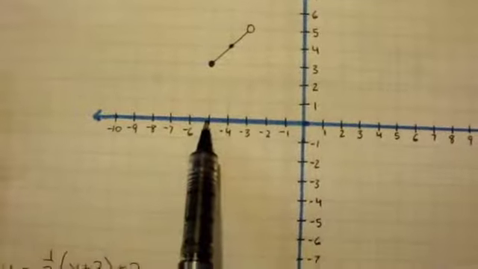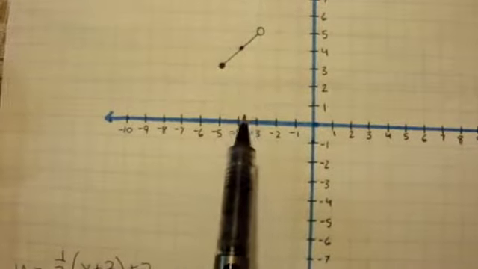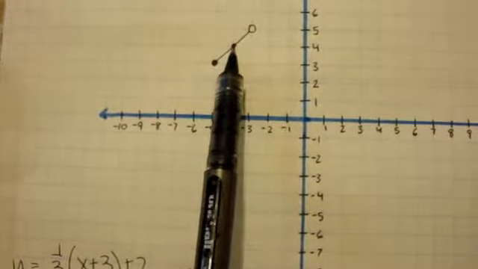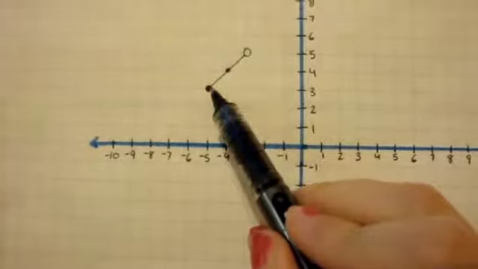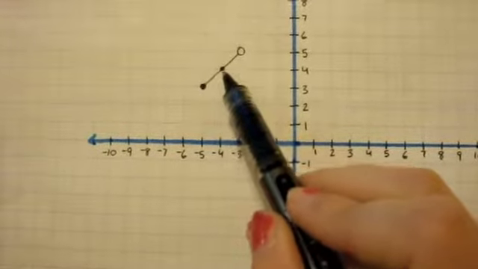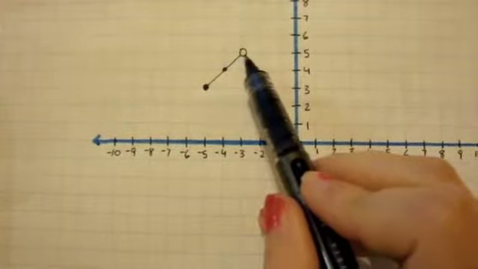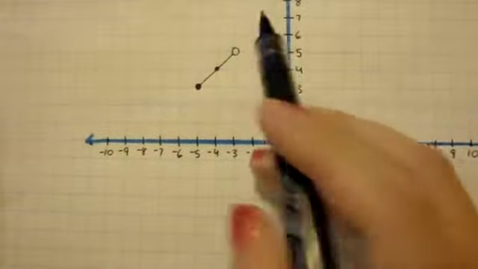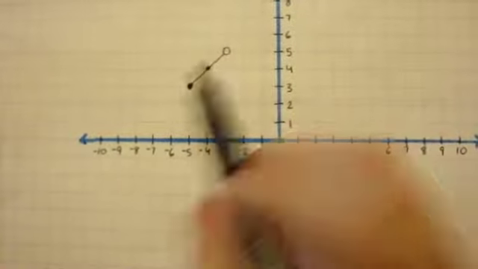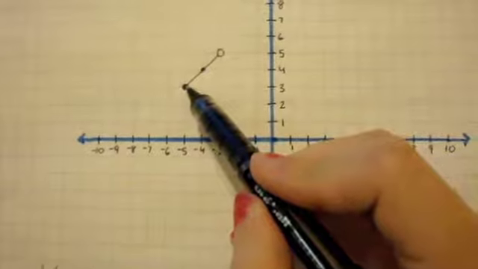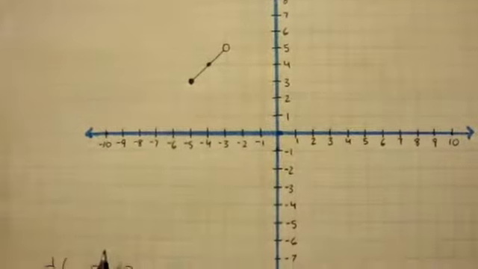So I go to my graph and I plug in negative 5, 3, because that's one of my points, and then negative 4, 4. And as you see, the slope is 1 over 1, so then I go 1 over 1. But the negative 3 is not included, so it's going to be an open circle. And then it's going to be a line.